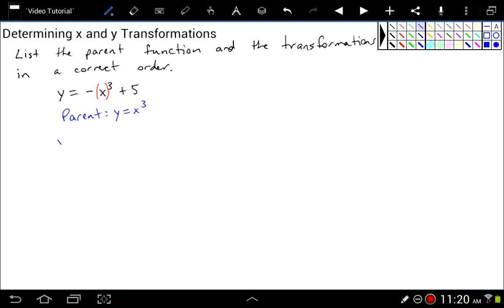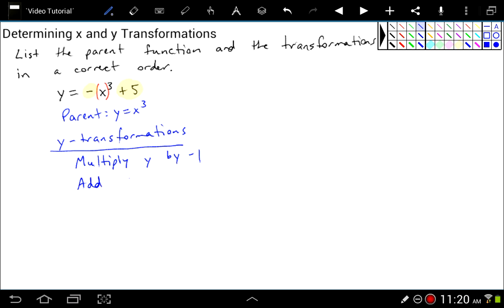The y transformations are those transformations that occur outside of the parent function. So those would be multiply by negative 1 and add 5, in that order. These are y transformations, so I'll multiply y by negative 1 and I'll add 5 to y.